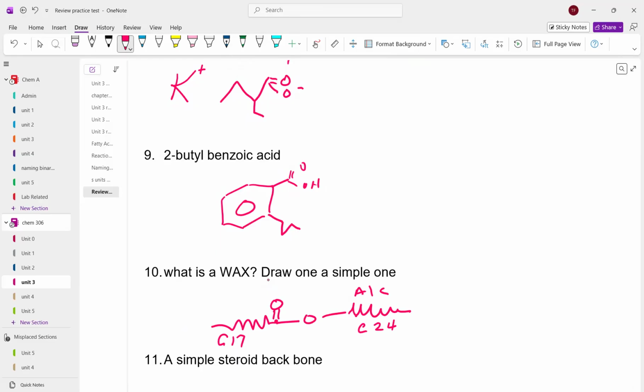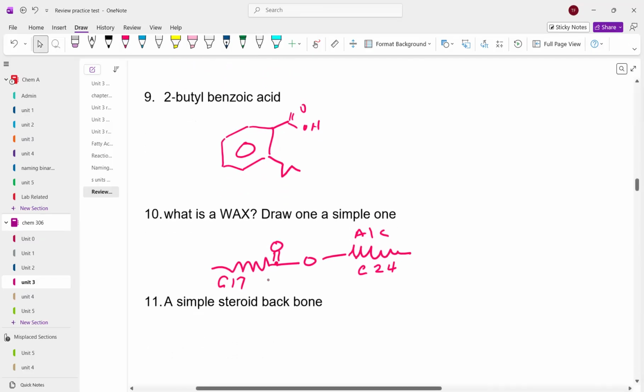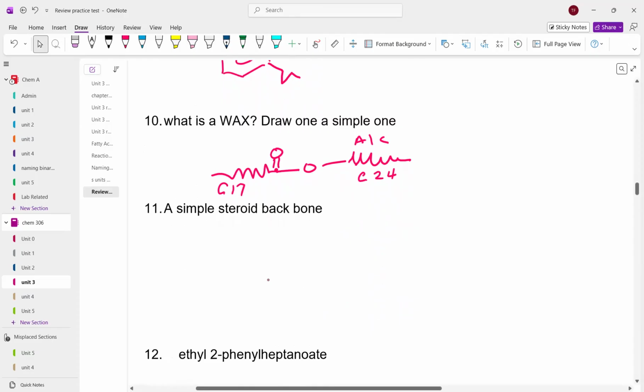And it said draw a simple one. So you can draw any one you want. Okay, the simple steroid backbone.